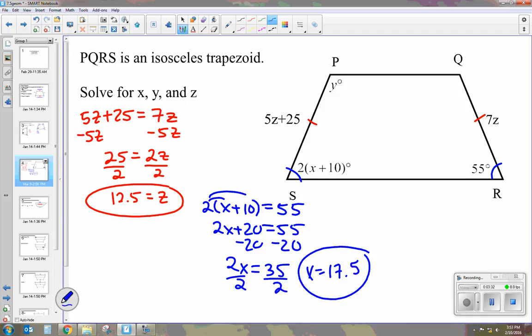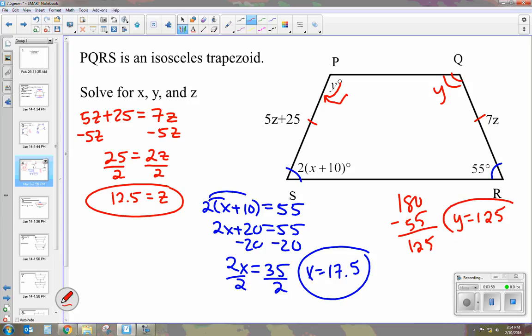And now y is congruent to this angle over here. So we can say 180 minus 55, and we get 125, so y is equal to 125. There we go. So we can use all of our pieces to solve for those variables.